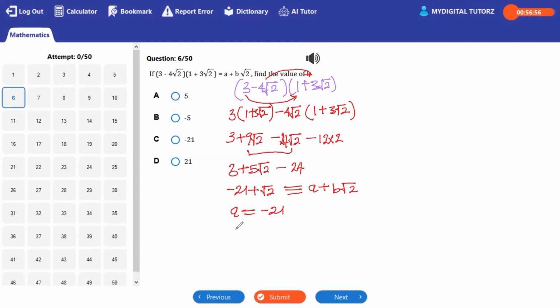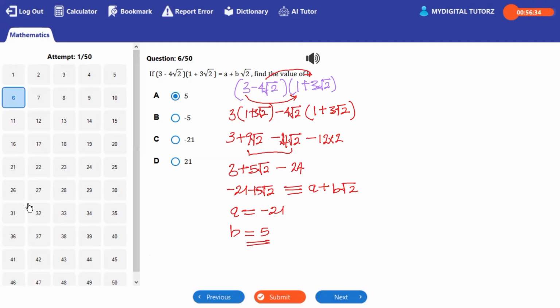Minus 21 here, and b is equal to 5. Sorry, this is 5 root 2. So b is equal to 5. So looking at our options, the correct answer here is option A. I hope this is understood. That's about question 6.